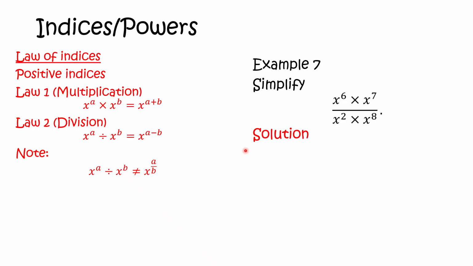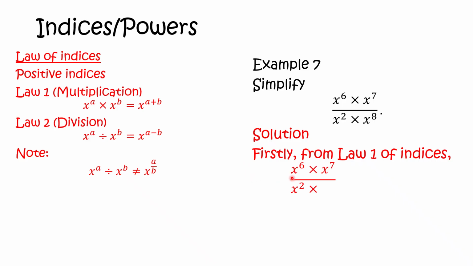Now let's look at example 7. Simplify that. With this one, we're going to make use of a combination of the laws. Firstly, we consider the first law of indices, that is the multiplication. So we multiply the numerator and also the denominator separately, so that when we follow the first law, we have x to the 6 plus 7 divided by x to the 2 plus 8, since we are multiplying here, so that we get x to the 13 divided by x to the 10.